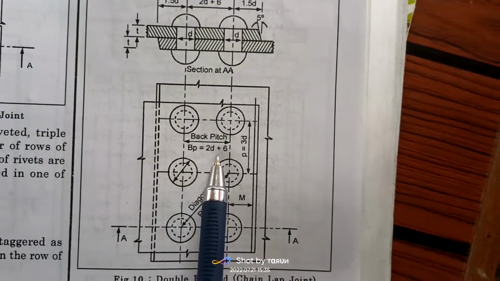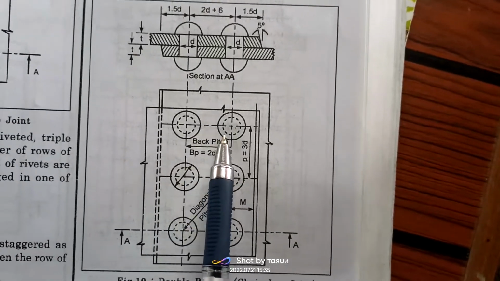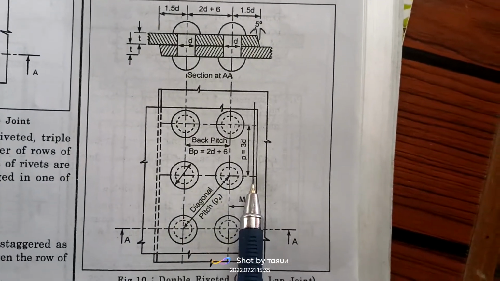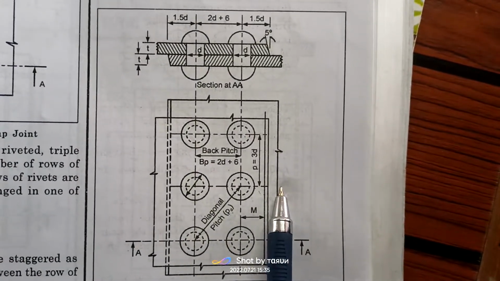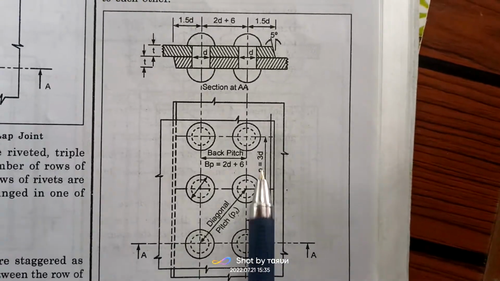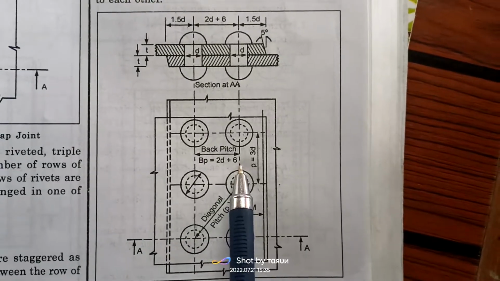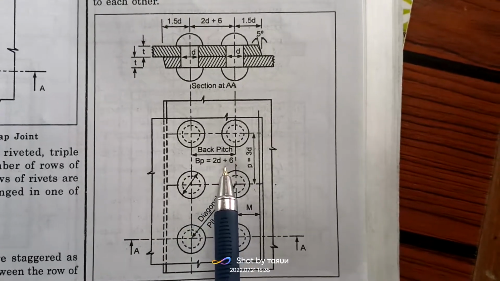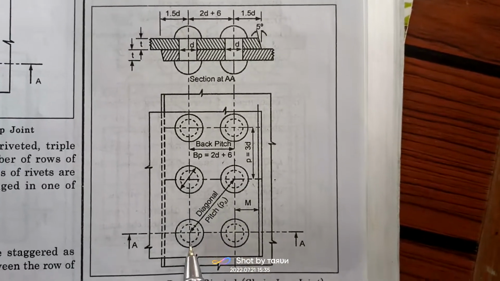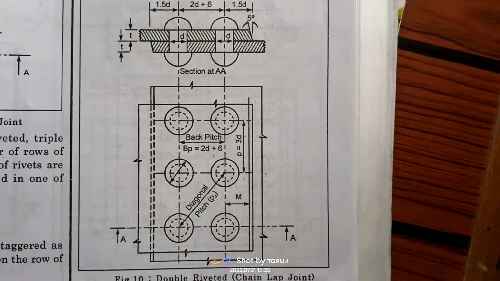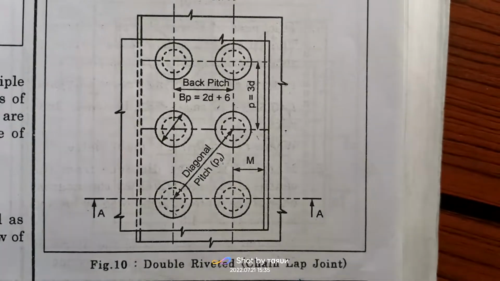Back pitch is 2D plus 6, and the distance between adjacent rows is known as pitch. Center to center distance between the two rivets along the rows is known as pitch, and this horizontal distance along the column is known as back pitch, and the diagonal is known as PD, diagonal pitch. This is margin, 1.5D. We will be discussing MCQs later on.